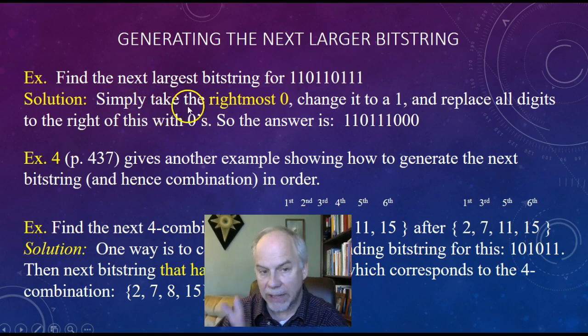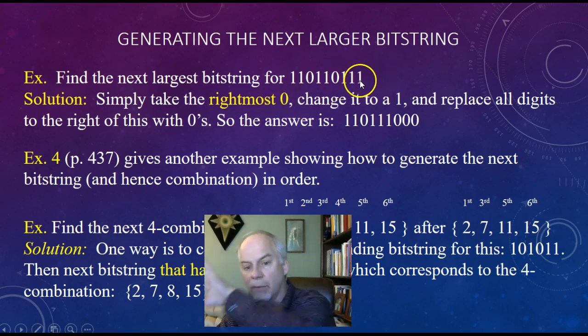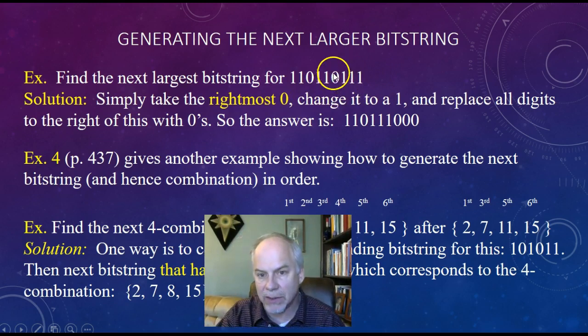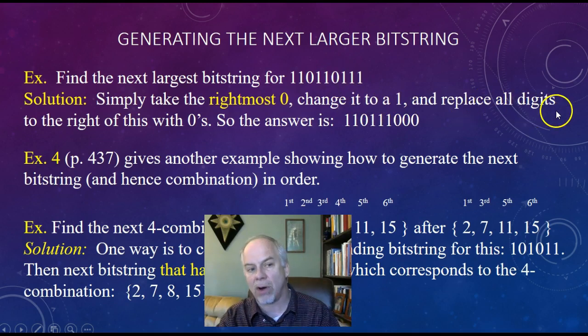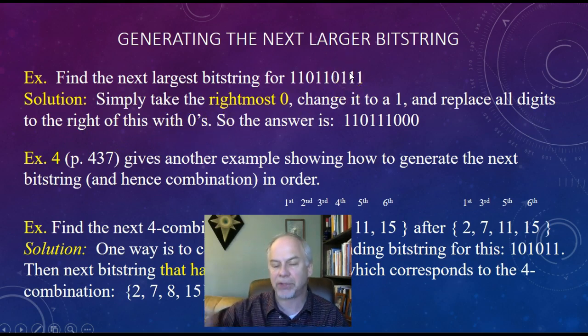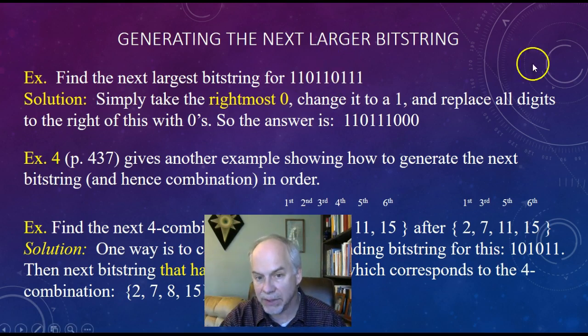But the easiest way to do this is simply to take the rightmost 0. In other words, the 0 that's on the farthest right position. So you see that this 0 right here is the rightmost 0. If you just change that to a 1 and then replace all the digits to the right of that with zeros, that will give you the next bit string in lexicographic order that's just immediately higher than that bit string.